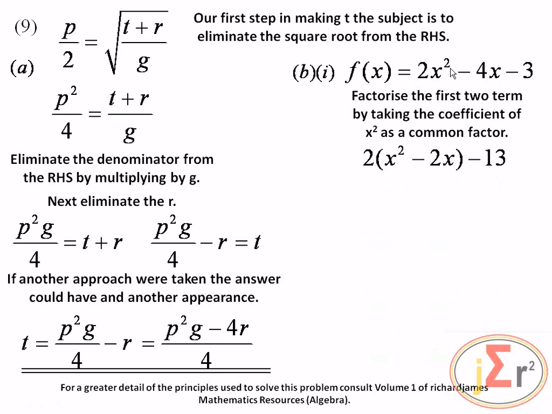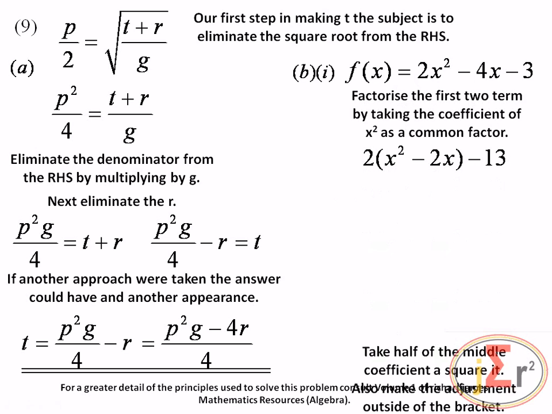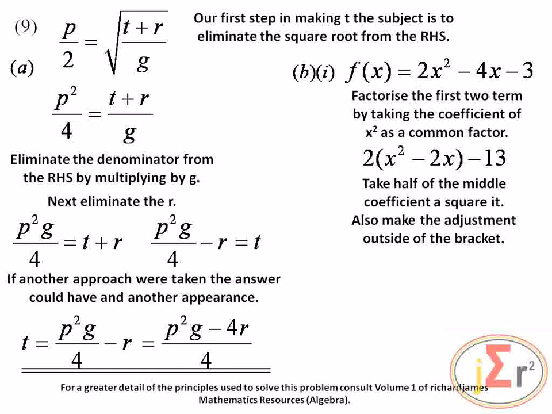2 into 2x squared is x squared, and 2 into negative 4 is negative 2. The negative 3 is outside of the bracket and is not affected. To complete the square on what we have on the inside of the brackets, we will take half of the middle coefficient and square it.